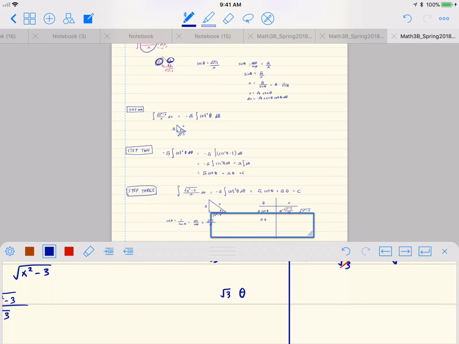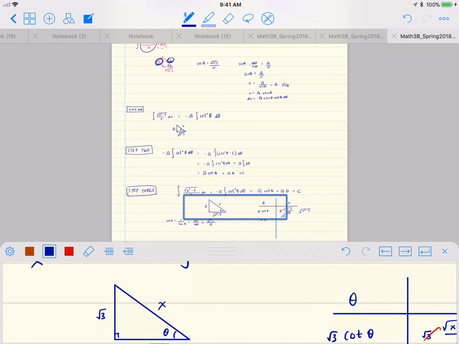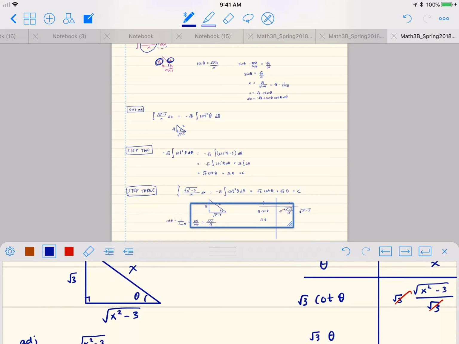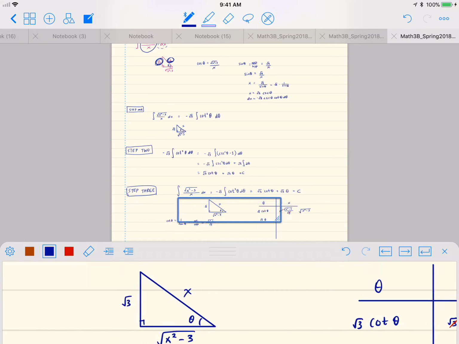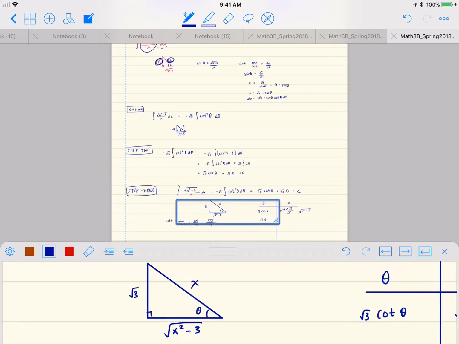What about the theta? This one is probably the trickiest. In order to convert theta into an expression involving x, again, we're going to use the same triangle. What's the relationship between theta and x? Well, the simplest relationship would be to notice that sine of theta is root 3 over x.